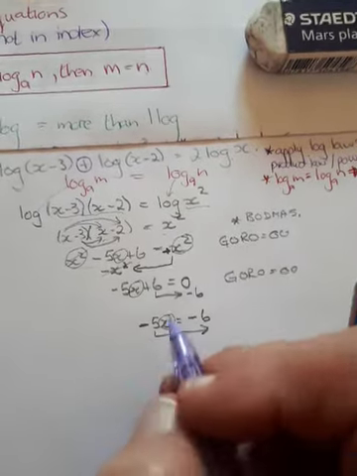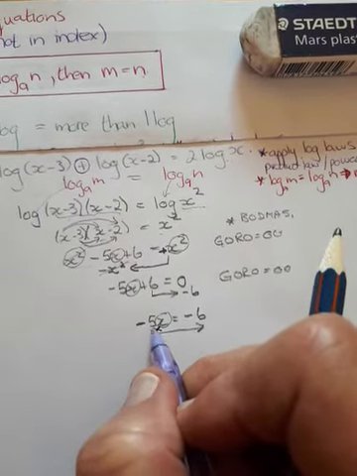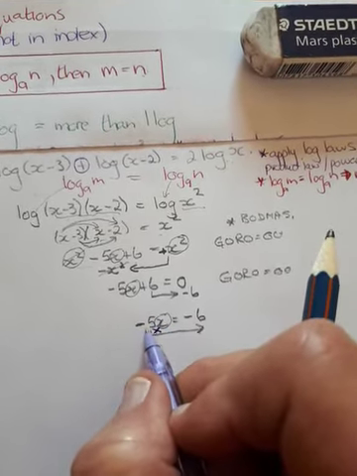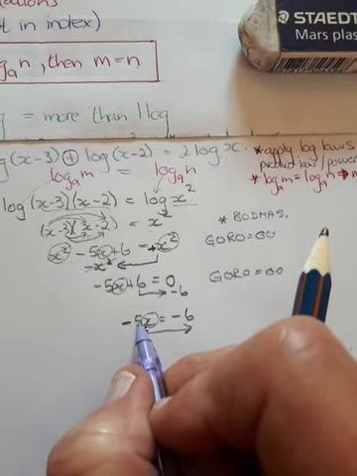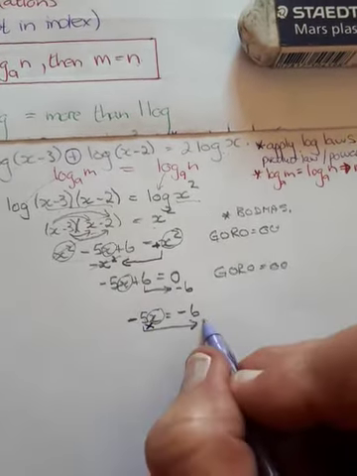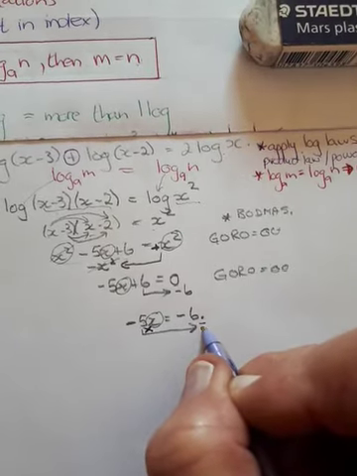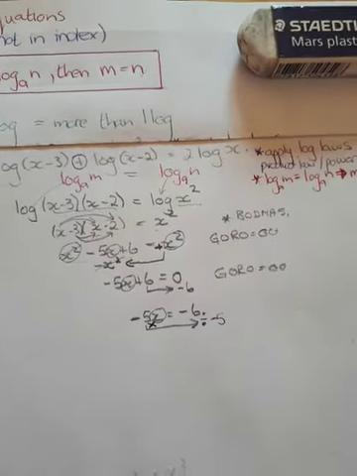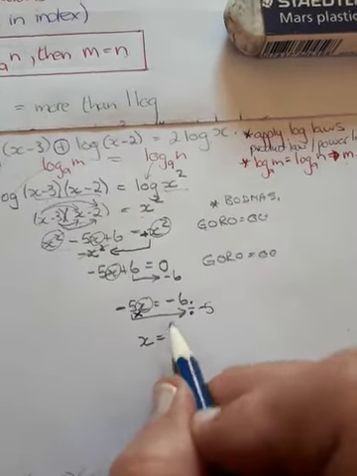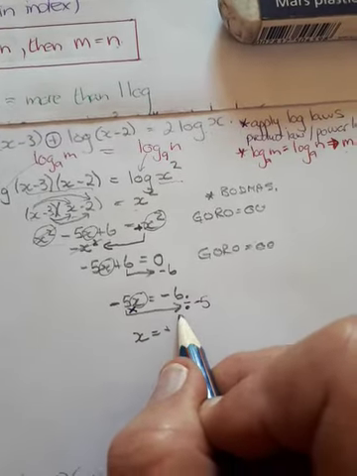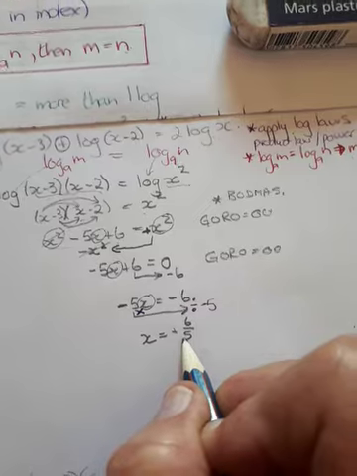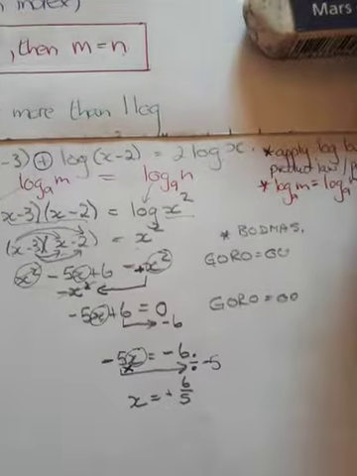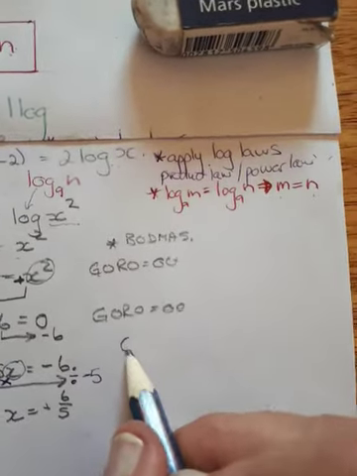Really important, this is a multiplication between negative 5 times x. The 5 is not subtracted, it is simply a negative value. On the right hand side, we will therefore divide, which is the opposite operation, by negative 5. Negative divided by negative is positive, and that will give me 6/5 or 1 1/5.